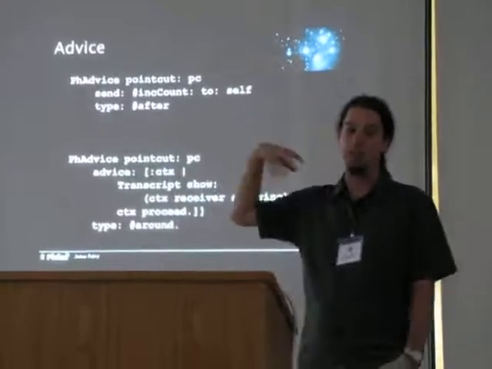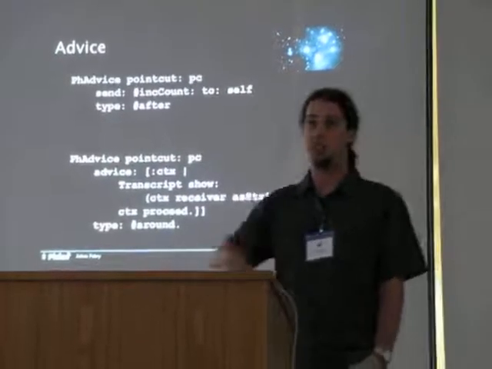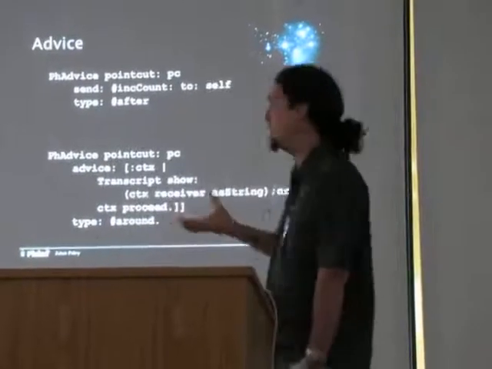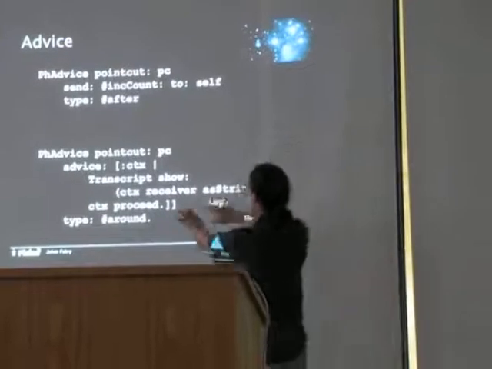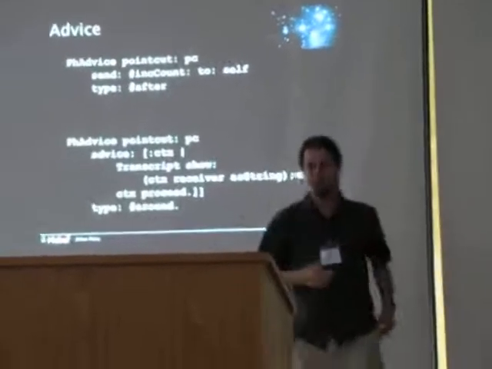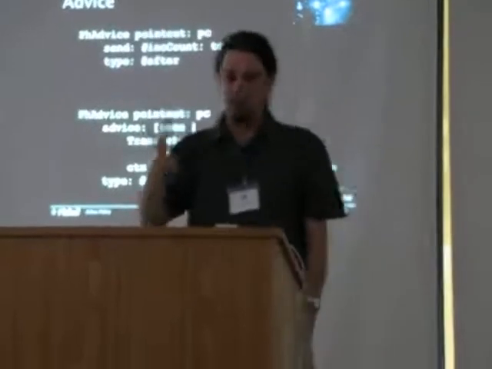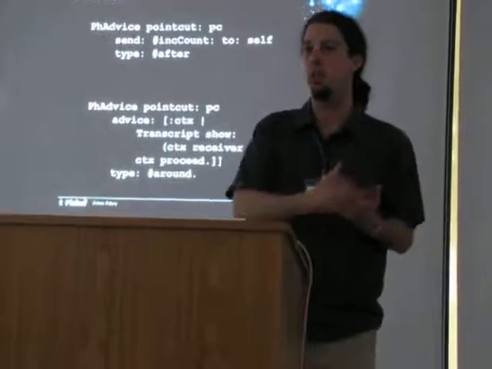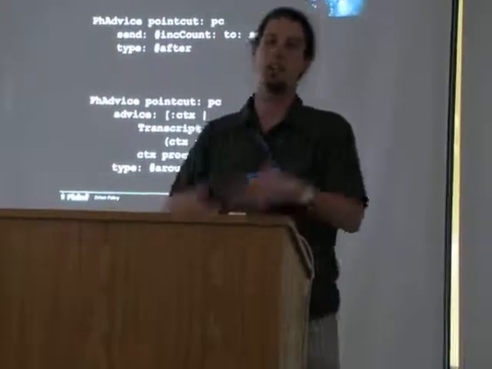I can add advice and remove advice from the system when it's running. No problem. It's simpler. I mean, there it's simple, here it's not so simple, but okay. So it's methods, it's blocks. It's nothing really special. In languages like AspectJ, for example, you have a new construct, which is an advice.